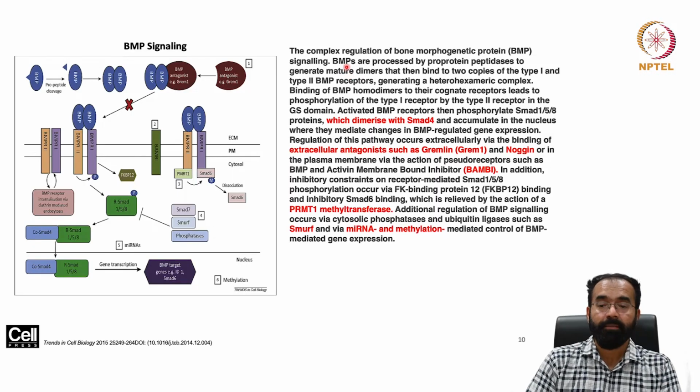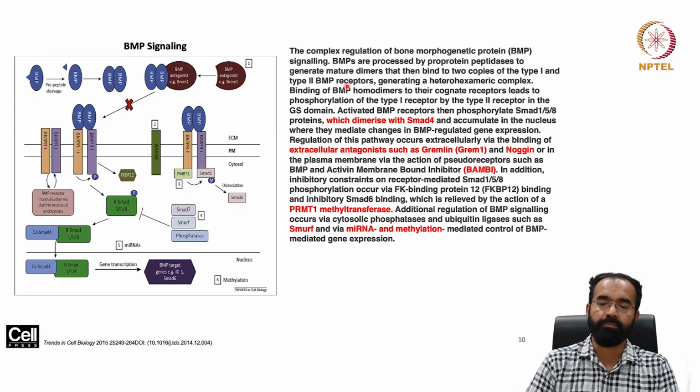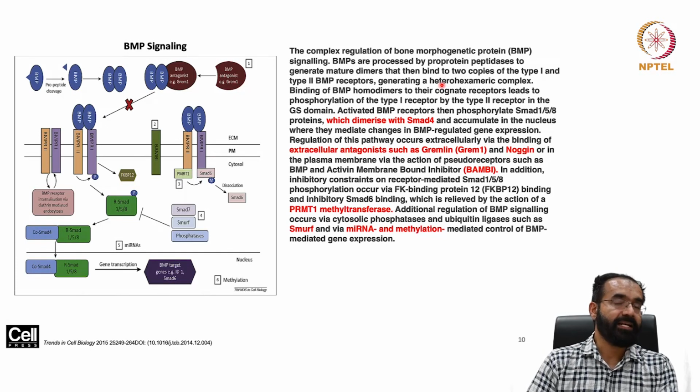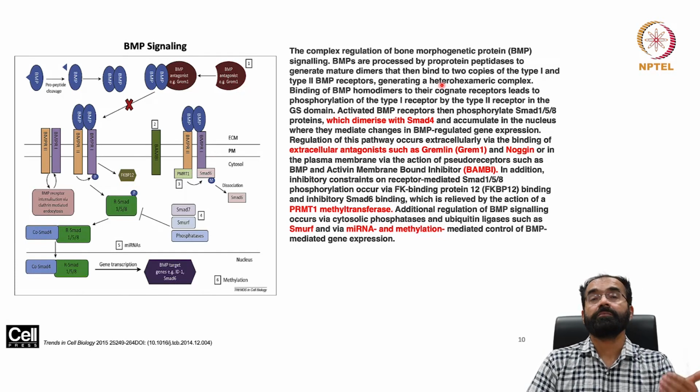BMPs are processed by a pro-protein peptidase to generate mature dimers that then bind to two copies of the type 1 and type 2 BMP receptors. Two types of receptors are there, type 1 and type 2, generating a heterohexameric complex. In the case of TGF-beta, we saw heterotetrameric.